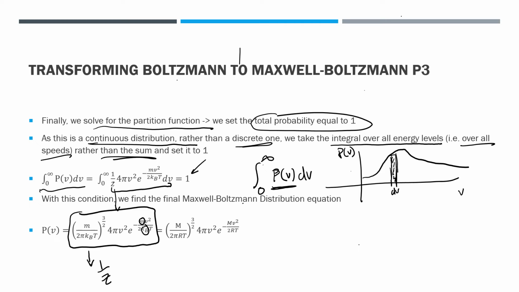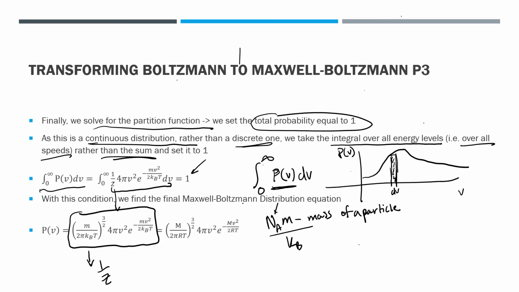Remember, we have m and kb. M is the mass of a single particle. Kb is the Boltzmann constant. But the mass of a single particle is kind of an annoying thing to work with. We like molar masses more. So what if I multiplied by Avogadro's number on both the top and bottom?